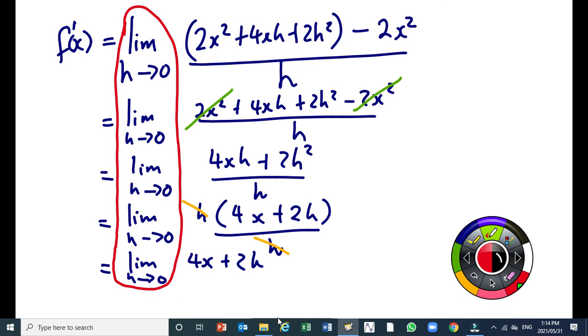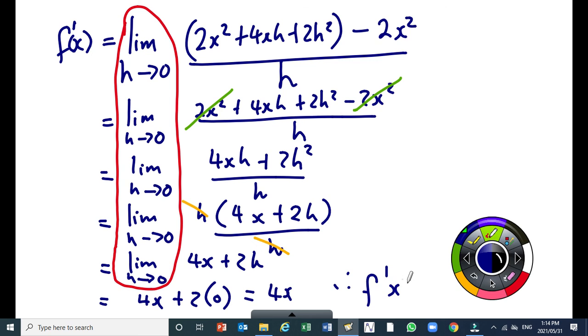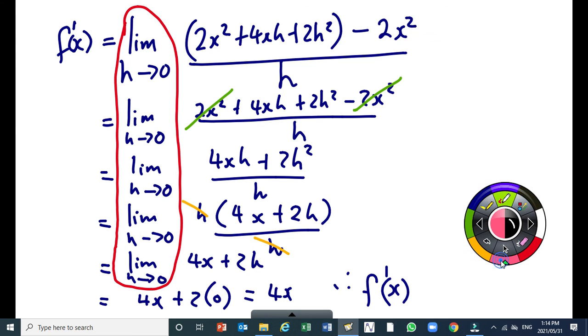I made that decision, and I'm happy with everything that I've done. So I'll say 4x plus 2 times 0, which will give me 4x. Therefore my f prime of x is equal to 4x. So that will be my gradient in terms of x.